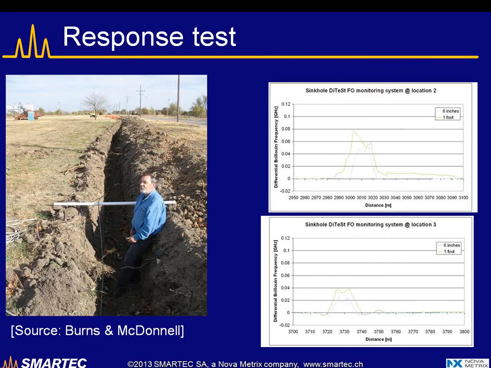Here you can see a very simple test that was carried out to simulate such an event. So by moving the cable vertically, we can introduce additional strain, and as you can see, when the cable is moved by 6 inches or 1 foot, we indeed observe strain peaks, in this case, for example, at 310 meters from the beginning of the cable, and so we can localize that strain location.